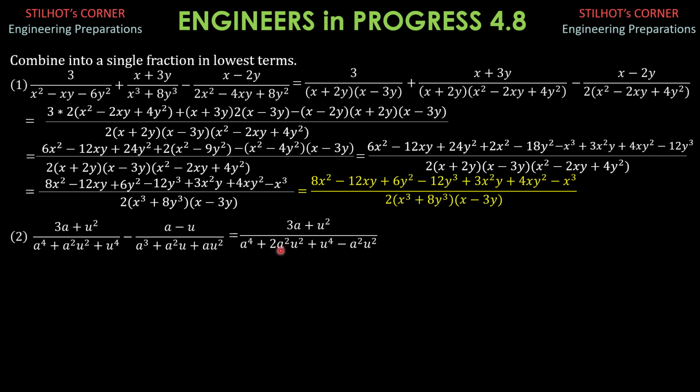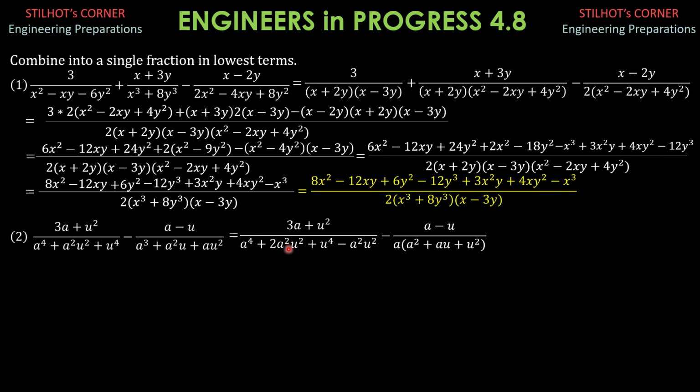So it is a technique in factoring that needs experience, especially in completing the square, so that it will become a difference of two squares. Then minus quantity a minus u over a quantity a squared plus au plus u squared. And we cannot factor this anymore.